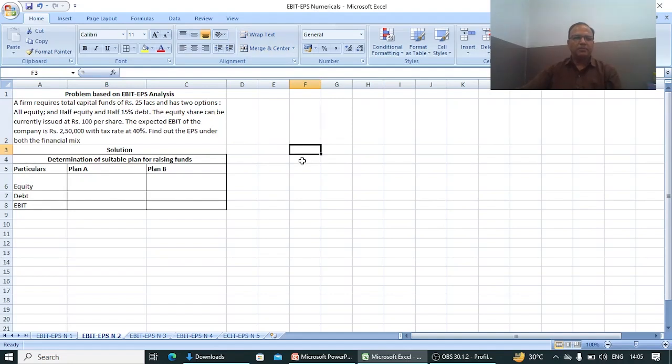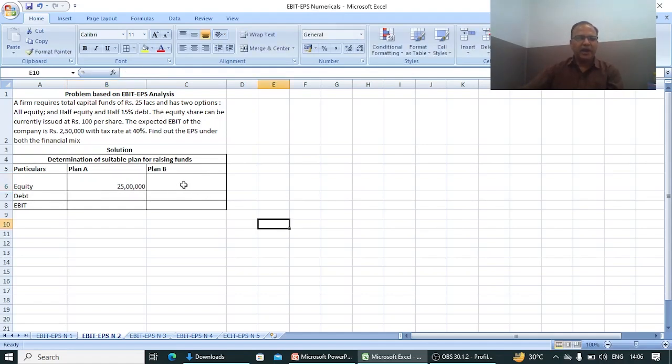Now this is a problem. A firm requires total capital fund of rupees 25 lakh. Let's start plan A, rupees 25 lakh by all equity, 25 lakh by equity.